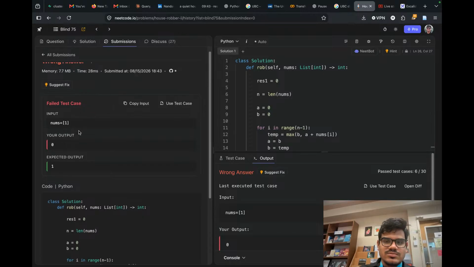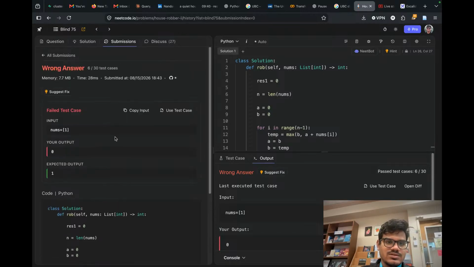So given nums is equal to 0, we just have to return 0.